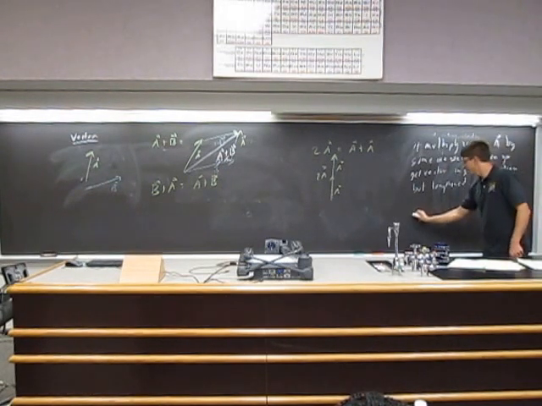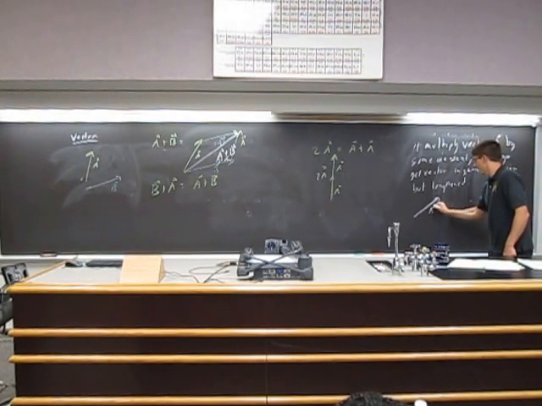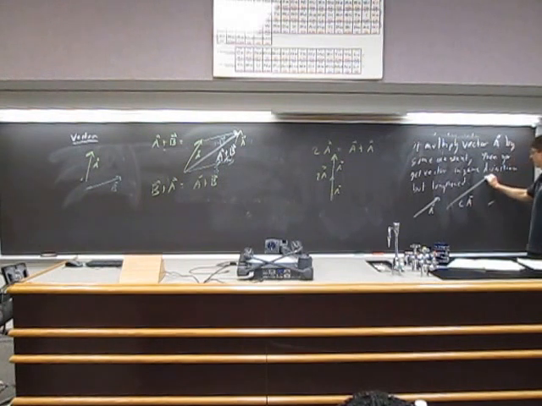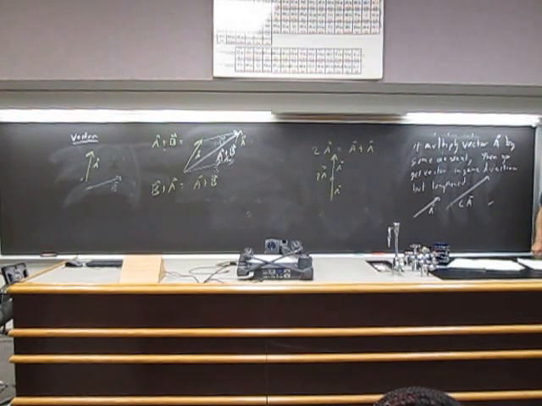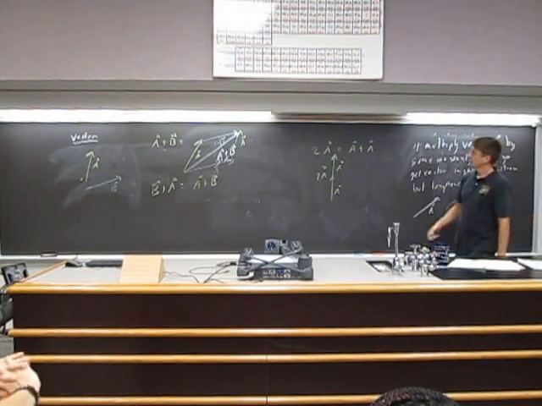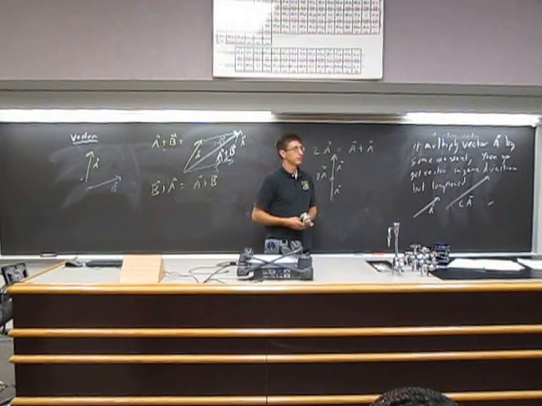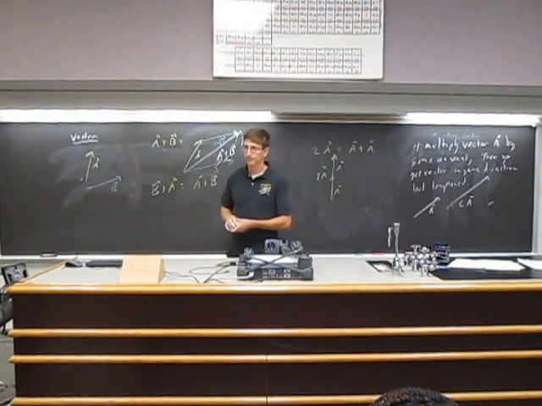So for instance, if this is A, then C times A is going to be a vector in the same direction as A, but longer by a factor of C, or shorter if C was less than 1. Does that make sense? Okay, so multiplying by a constant keeps the same direction, just changes the magnitude.